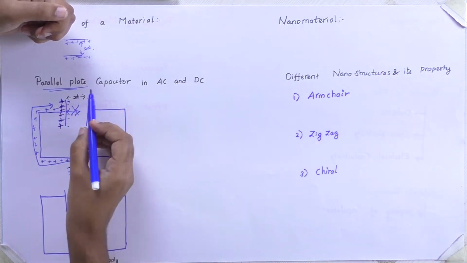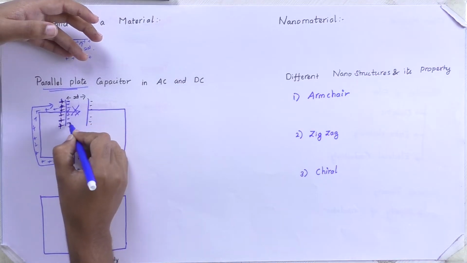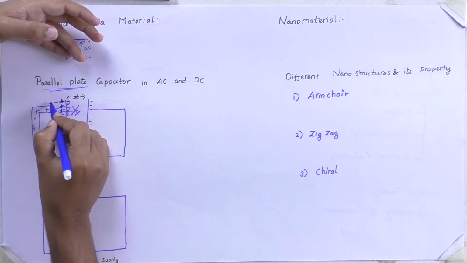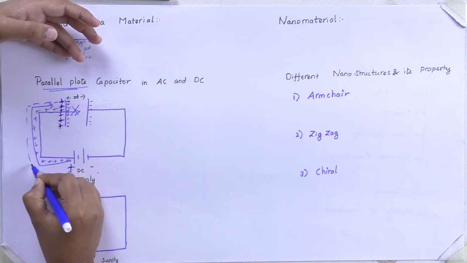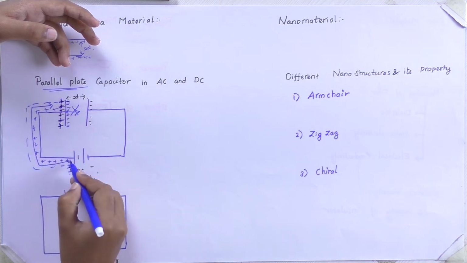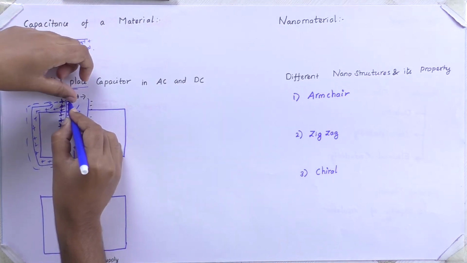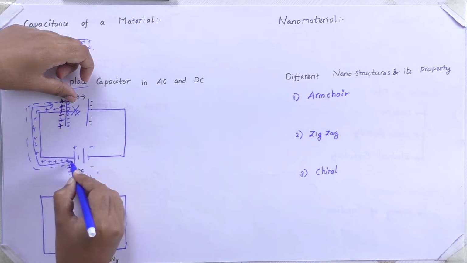Or we can say it in another way: the conducting plate has electrons, negatively charged particles, and positively charged particles. The negatively charged particles in the plate will flow towards the battery supply. So the positive charge from the battery moves towards the plate, or else negative charge flows towards the battery.